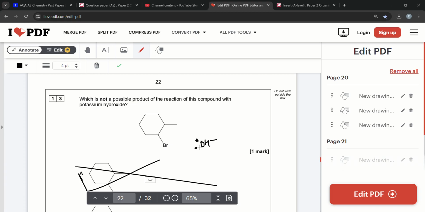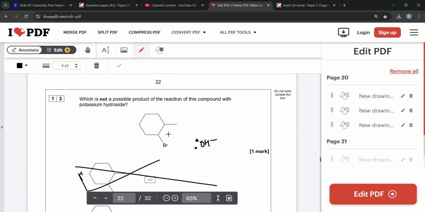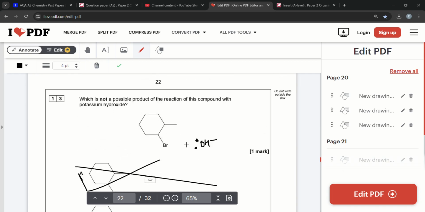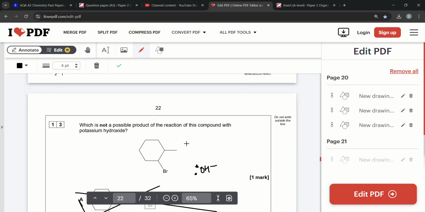Elimination: the hydroxide acts as a base, takes a proton, and then the double bond forms. So you'd either get the double bond here or here.